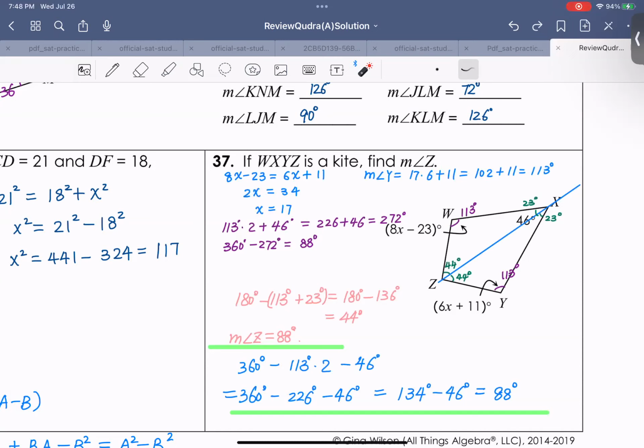You use 360 minus double this minus 46, which comes to here, which is 88. Or you can cut this with a line. This is 113, this is 23. 180 minus this gives you 44. 44 doubled is 88. Timothy and 80, please change your work.